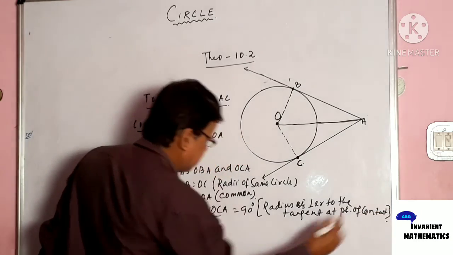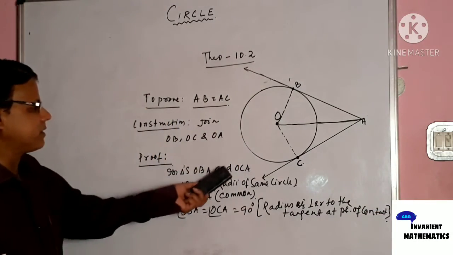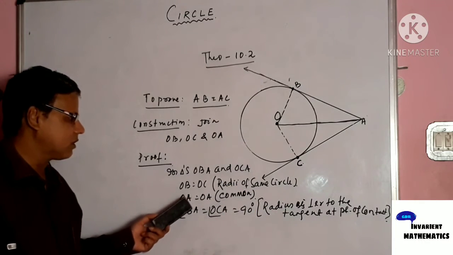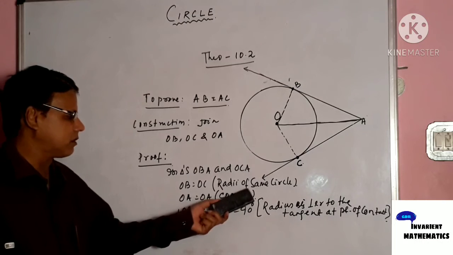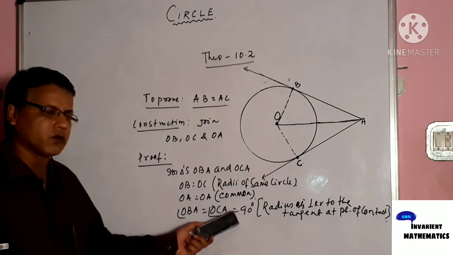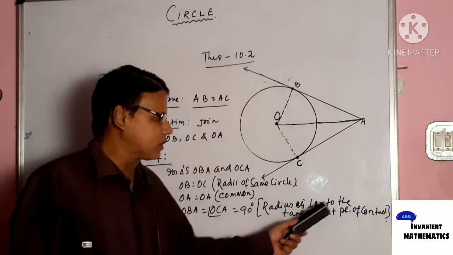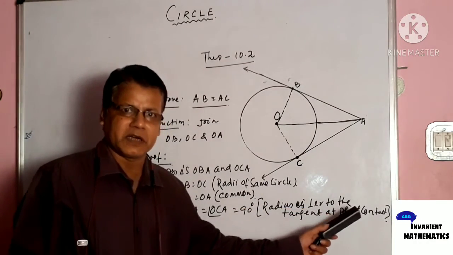So in triangles OBA and OCA, we get OB is equal to OC, radii of the same circle. OA is equal to OA, the common side. Angle OBA is equal to angle OCA, that is 90 degrees.